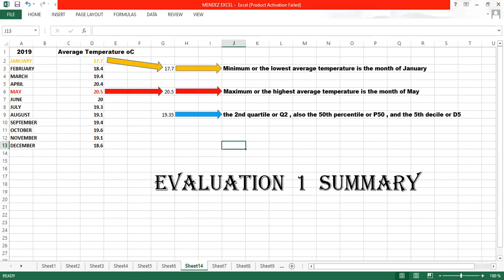For the summary of our evaluation: one, the month of January has the lowest average temperature with 17.7 degrees Celsius. The month of May has the highest average temperature with 20.5 degrees Celsius. And our second quartile is 19.35 degrees Celsius, which also implies our P50 and D5.